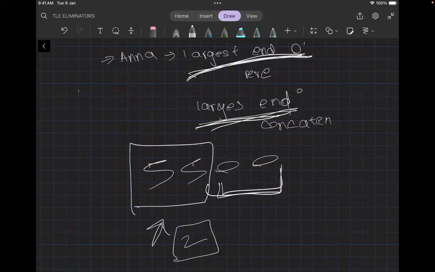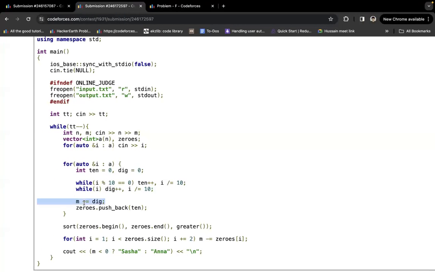Yes, got it. So my new target is just m minus equal to digit. And now in my zeros vector, I just push back 10. Because that is the digits that can be actually manipulated by Anna.